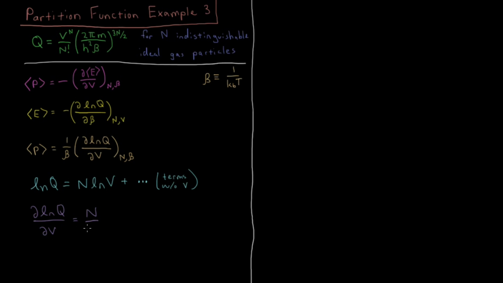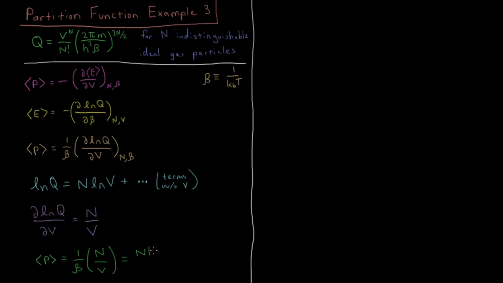So we have N over V, and now in order to calculate our final result, the expectation value of pressure P is going to be 1 over beta times this partial derivative of the log of our partition function with respect to volume, which is just N over V. Then remembering here that beta is just 1 over kT, 1 over beta is just going to be kT.